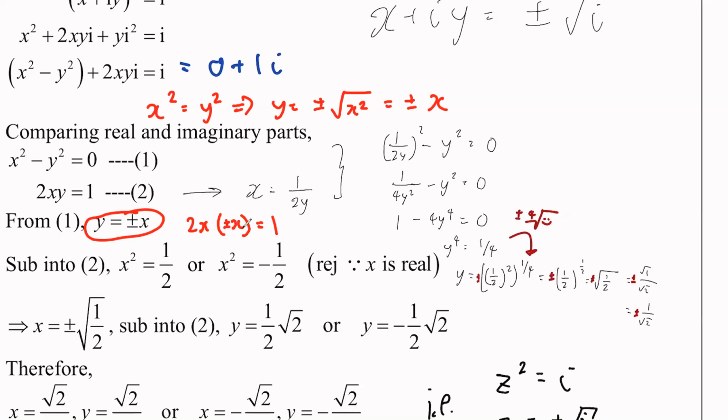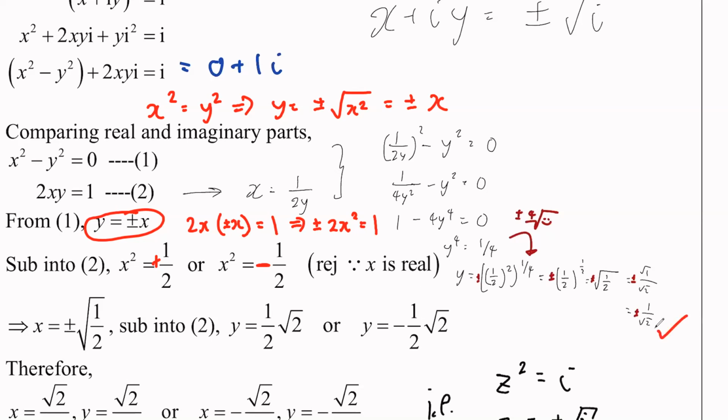So you get 2 times x, which is 2x squared, with plus minus. Then you want to solve for x squared first. You just divide by 2, then you get 1/2. But you can also bring the plus minus over. So that's how you get a positive 1/2 or negative 1/2. For x squared, now you want to solve for x, you just take the square root on both sides. Then you'll just get plus minus square root of 1/2.